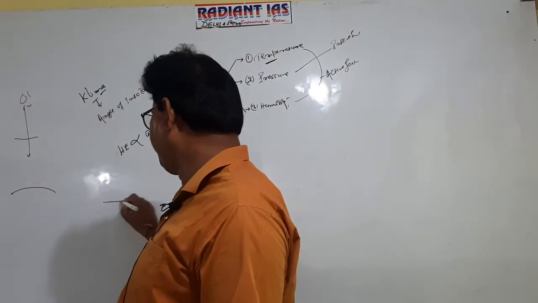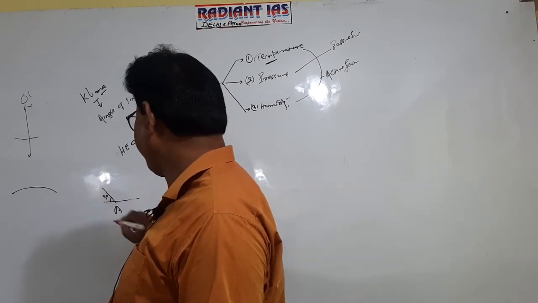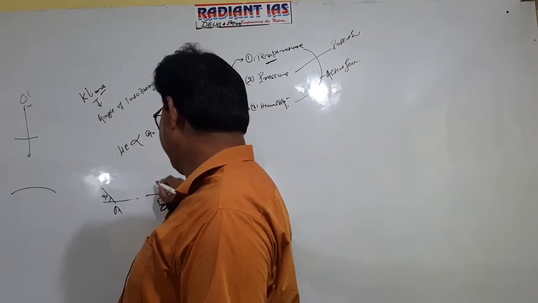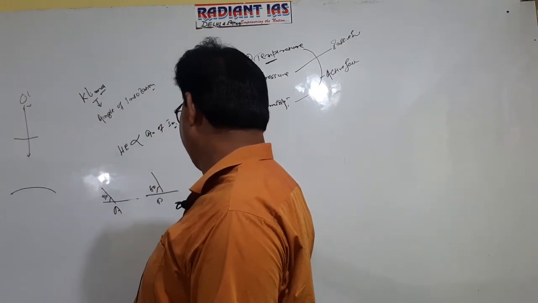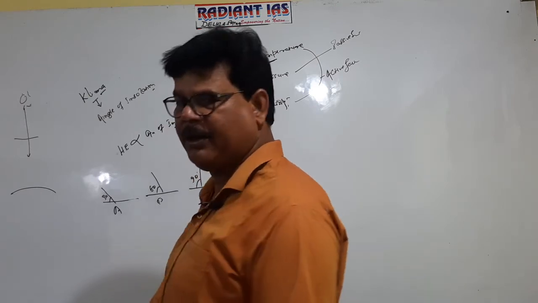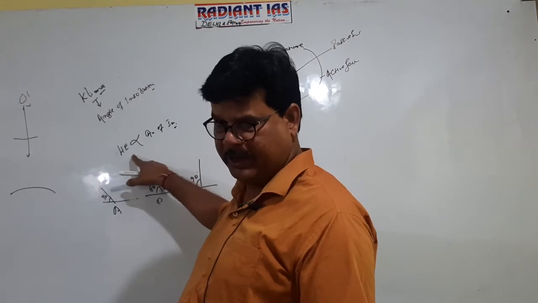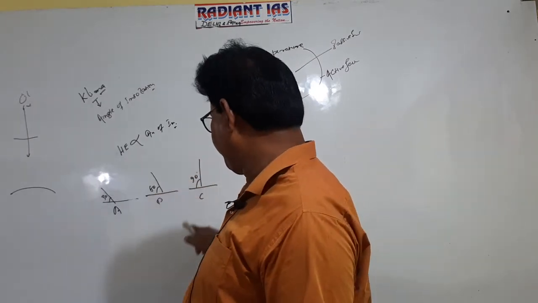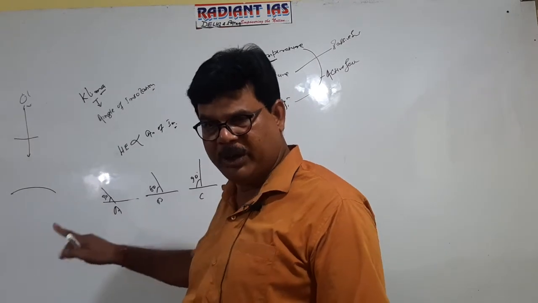Suppose A is the place where angle of insolation is 30 degrees, B is the place where angle of insolation is 60 degrees, and C is the place where angle of insolation is 90 degrees. As angle of insolation is directly proportional to heating effect, C will be the warmest zone and A will be the coldest zone.